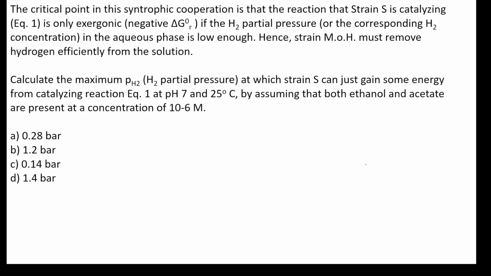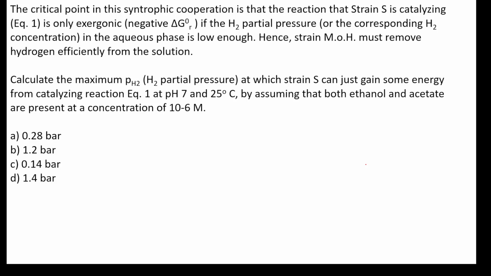Okay, so the first reaction is feasible. The strain MOH means the second reaction. As I told you, it should remove hydrogen efficiently. Otherwise, there will be accumulation of hydrogen in the system. And if that happens, the pH will reduce below a certain threshold limit, and all the methanogens are going to die.